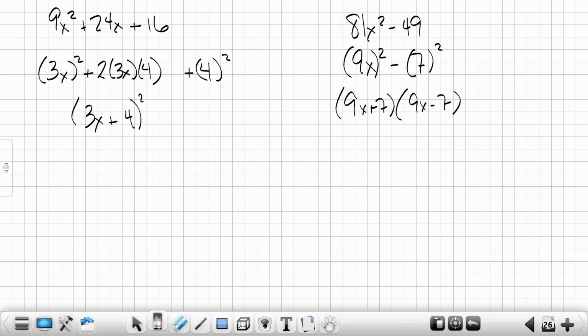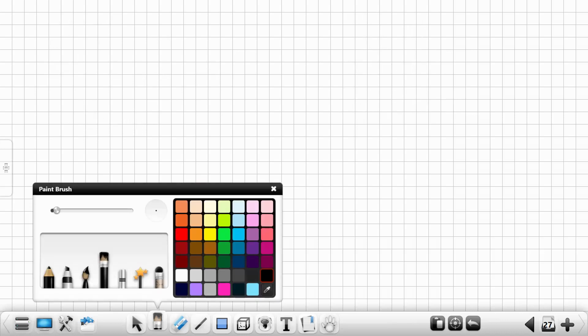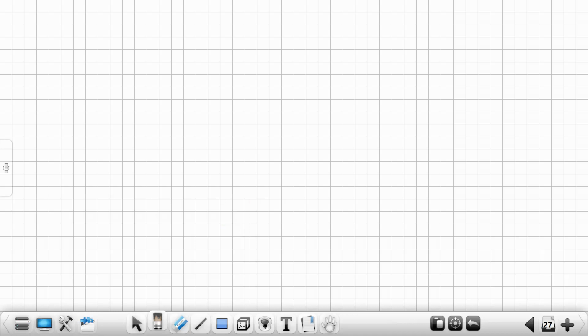All right, let's get something a little bit more complicated, just so that we're not intimidated when it comes to our worksheet. This is not on the notes.